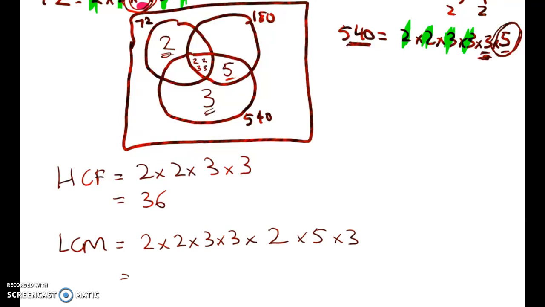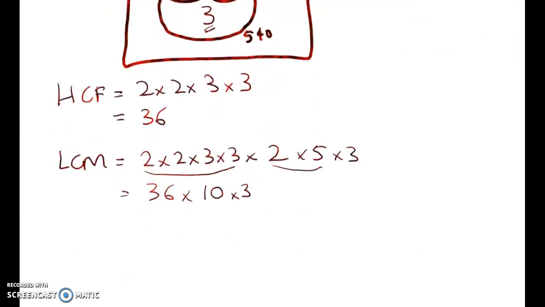So that gives me 36 from those ones, times 2 5s are 10, times 3. So that's 360 times 3. I'm doing this in my head, so that's why I'm writing all of these calculations down. So 36, 72, 108 times 10 gives me 1080. And we can check that.